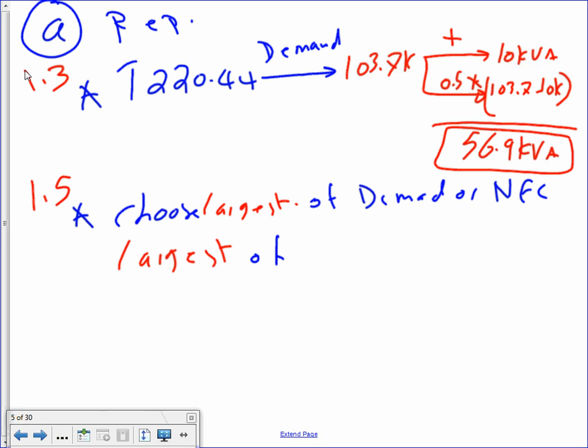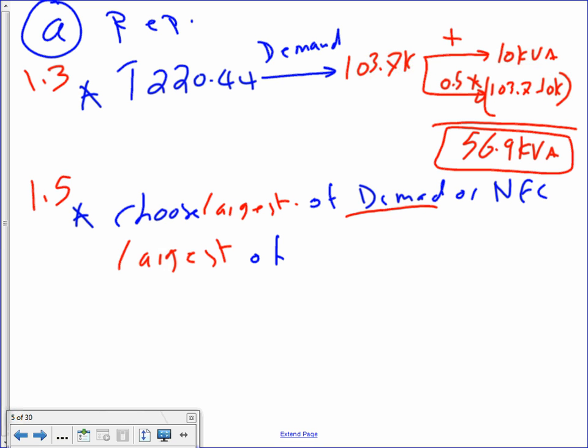Then step 1.5, we will tell you to choose the largest of demand or NEC. Basically, the demand that we did here or the NEC.